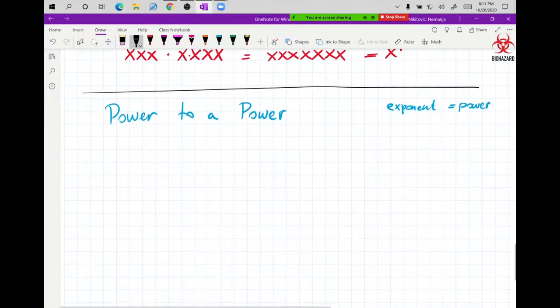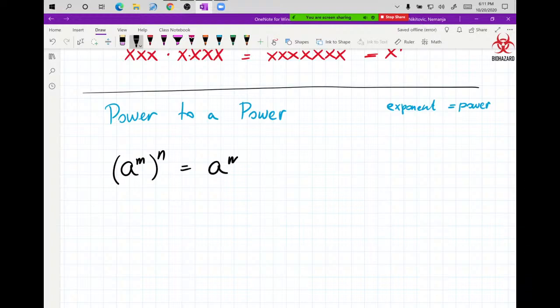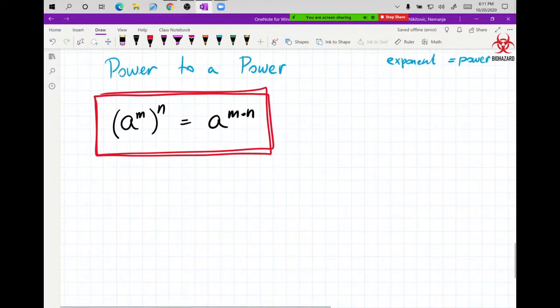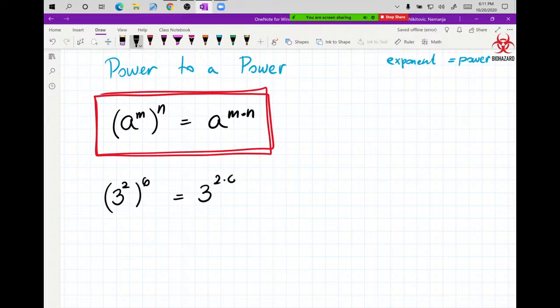The rule is a to the power of m, and then all of that to the n, is a to the m times n. So in this case, you will multiply exponents. If I have 3 squared raised to the 6, it's simply 3 to the 2 times 6, which is 3 to the 12.